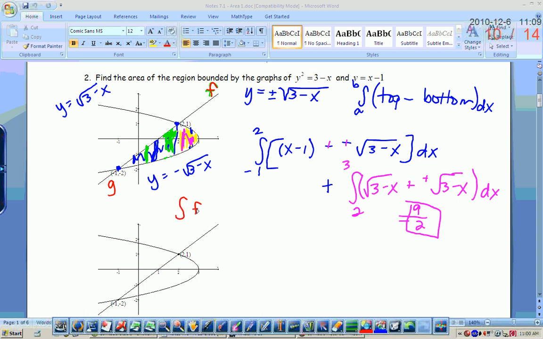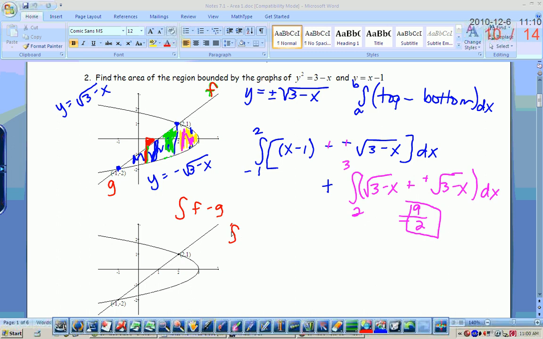When you integrate F minus G, that's giving you the area between the two curves. But for this little section right in here, the integral of F is actually going to be this little triangle, but it's going to be negative because it's below the x-axis.